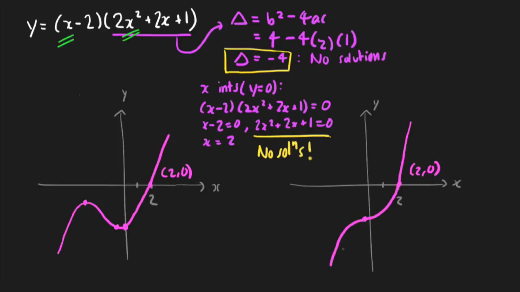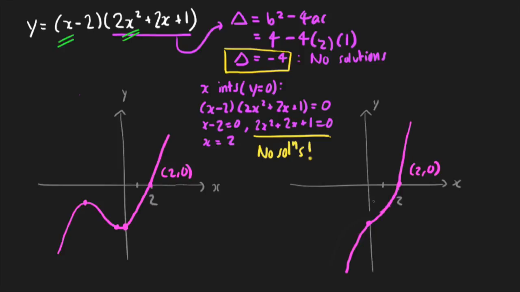If it has no turning points, it could be something like this, but with a non-stationary point of inflection instead. Right now I drew it with a stationary point of inflection, but I could have also drawn it with a non-stationary point of inflection. So you can see that there's 2 possibilities.